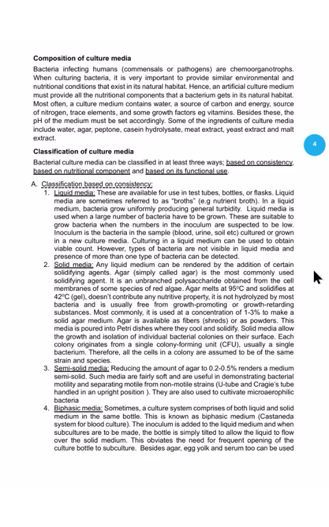So this type of medium is used to increase the number of bacteria in a sample and to detect viable bacteria in the liquid medium. The other type of medium is the solid media.